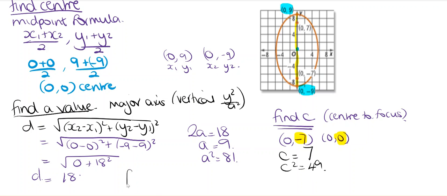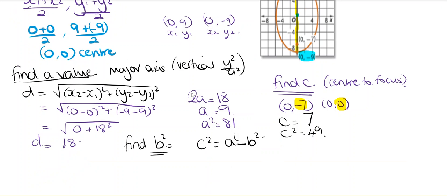Now to find B, we're going to find B squared. We need to use the formula: C squared is equal to A squared minus B squared. Substituting in these values, we've got 49 is equal to A squared, which is 81, minus B squared.